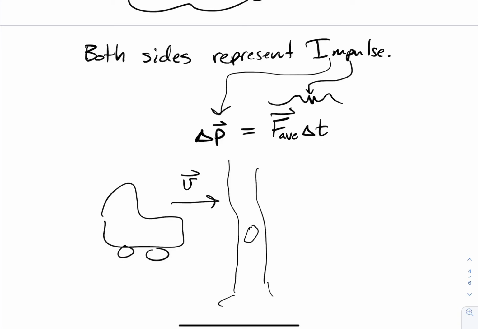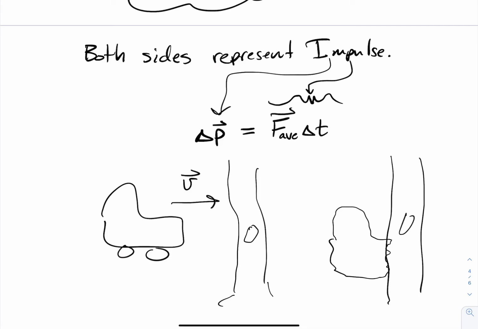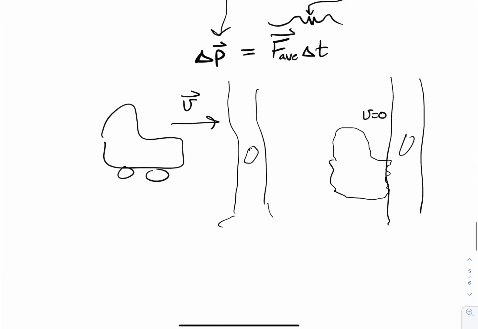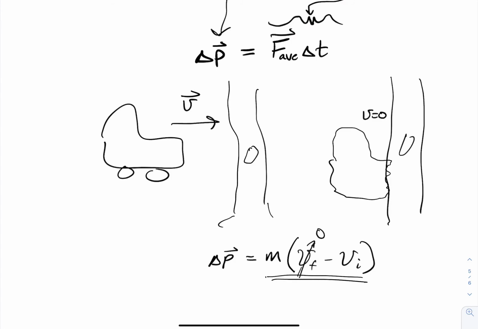When your car collides with the tree, this would be a perfectly inelastic collision because you aren't moving, and I'm sure that the tree isn't moving either. Your velocity goes to 0, and so your change in momentum would be mass of you in your car. I guess we're talking about you, so mass of you, V final minus V initial, and V final is 0. And so you get a very large change in momentum for your body.